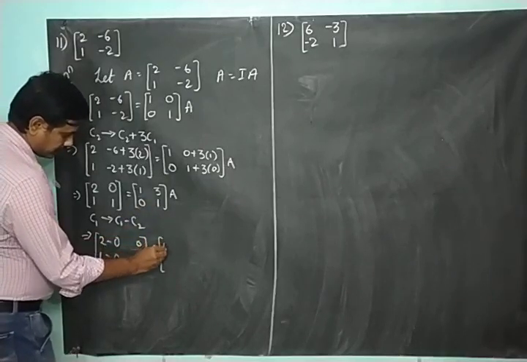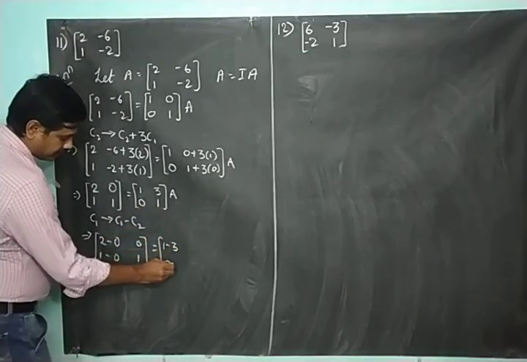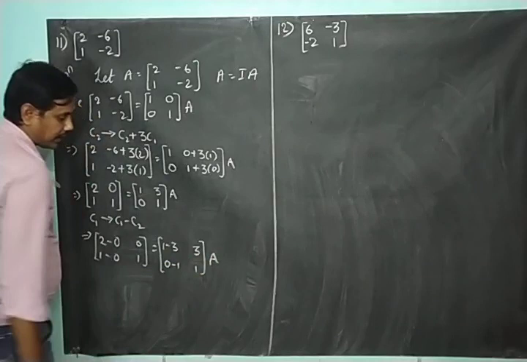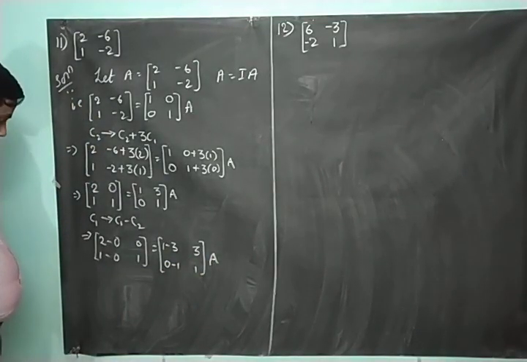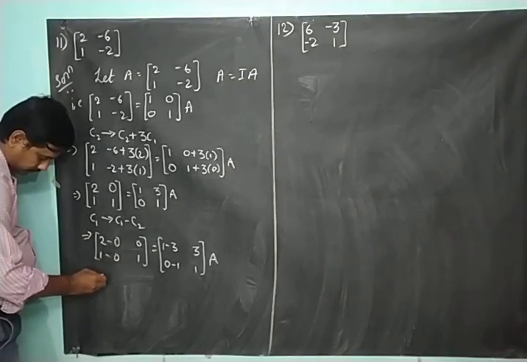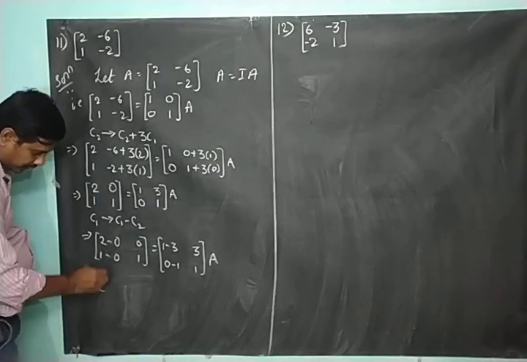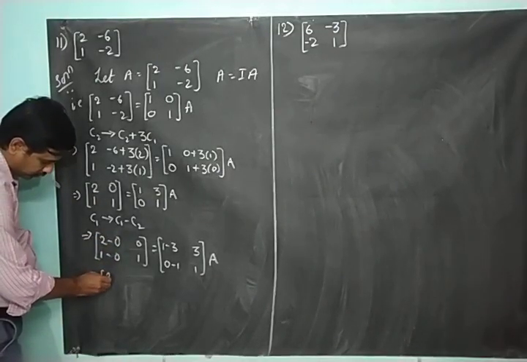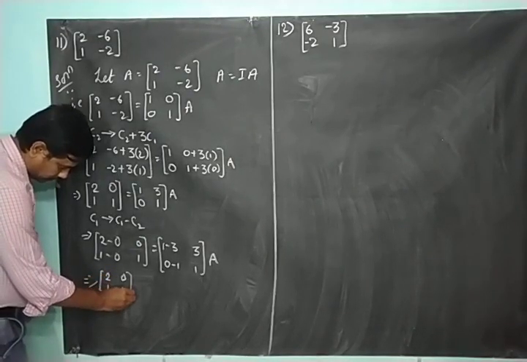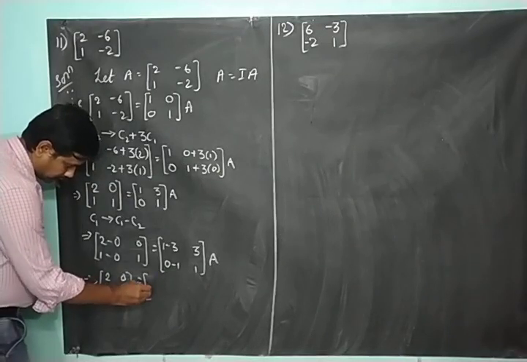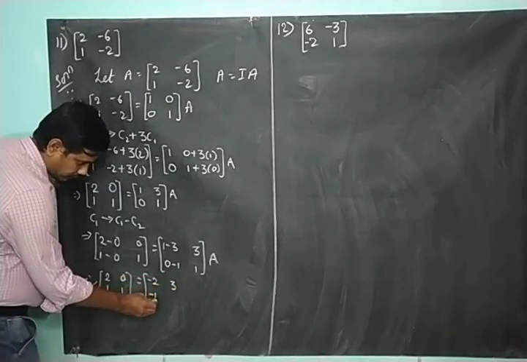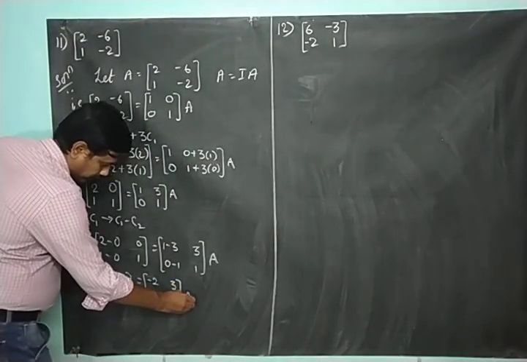And here 1 minus 3, 0 minus 1, 3, 1 as it is. What we are having here? 2 minus 0 is 2. This is 0. Minus 2, 3, minus 1, 1, A.